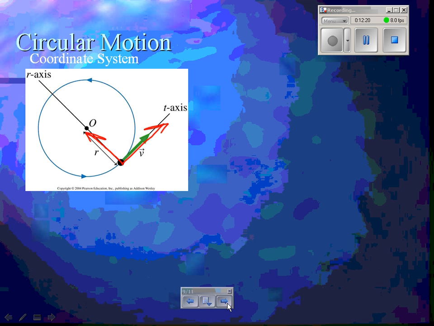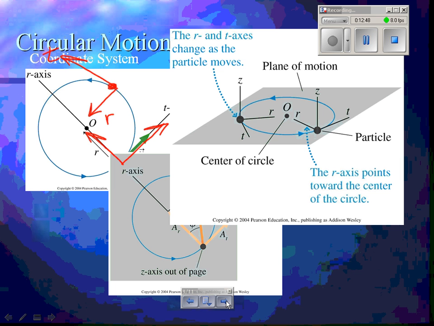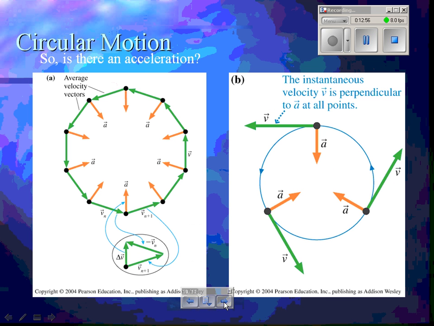R points toward the center, T points tangential to the direction of motion. So if you're right here, the T has rotated up to here, and the R points in that particular direction. So that's just a rotating coordinate system that moves along with the motion. We're going to talk about this a bit more tomorrow because I'm running out of time, and we'll see this a few times over the course of this unit, so I'll talk more about that later.